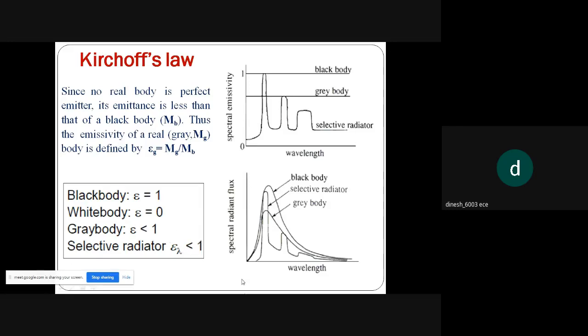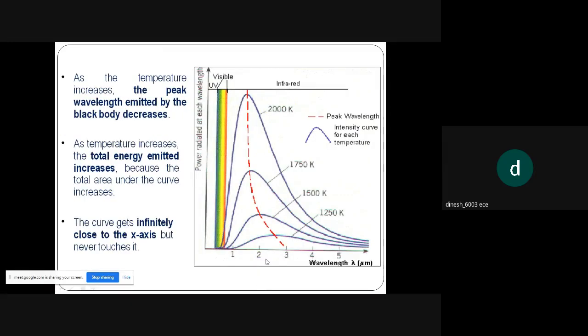So wavelength in terms of spectral radiant flux is being drawn. So the structure of black body, selective radiator, and gray body is being drawn according to Kirchhoff's law. So with respect to wavelength, it is being drawn here. As the temperature increases, the peak wavelength emitted by the black body decreases.